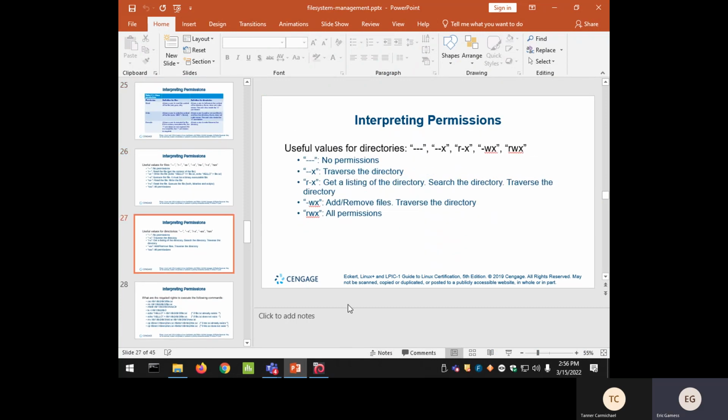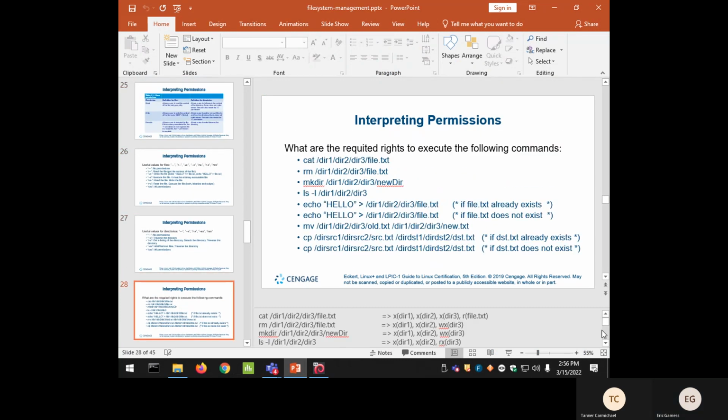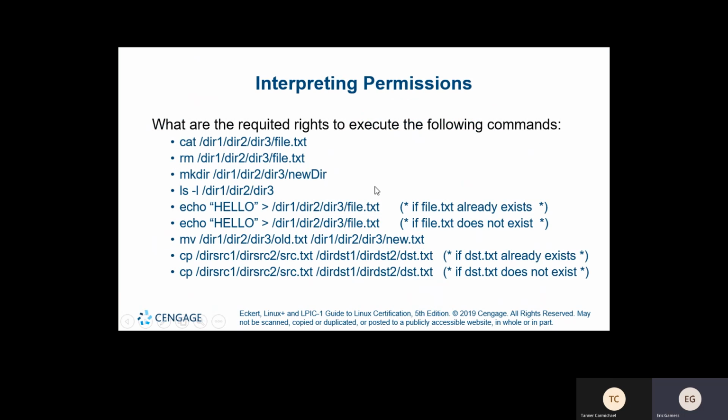Let's see another example. Okay. Now, I want to remove the file. So look at the command, remove. We give the full path of the file. To remove the file, what are the minimum rights that Eric needs for this command to be successful? So what will be the minimum right on dir 1?